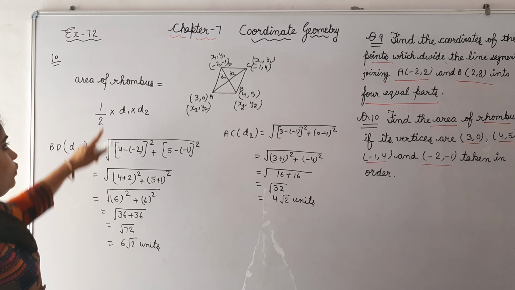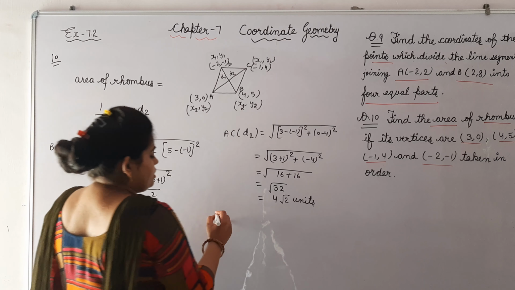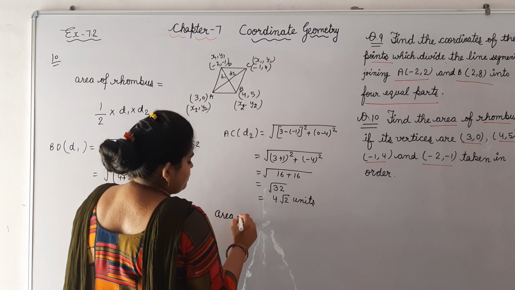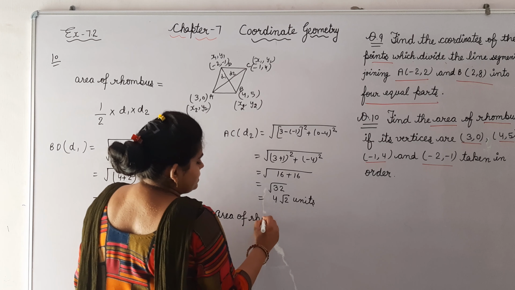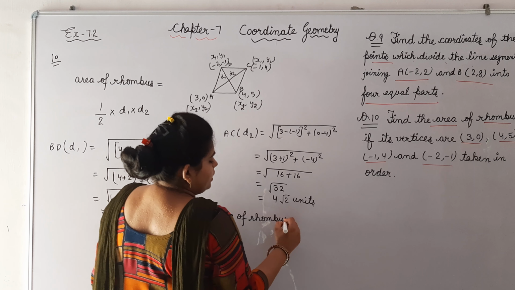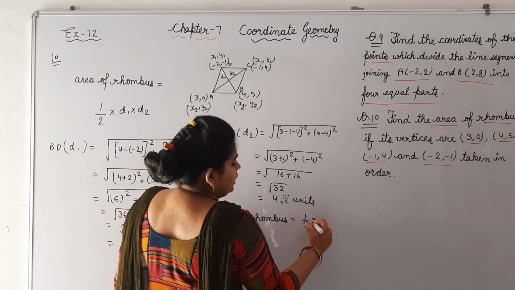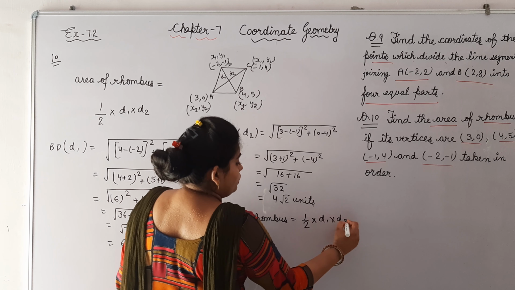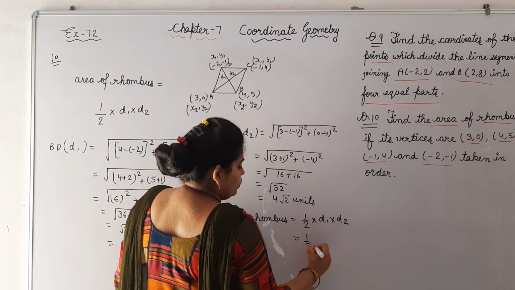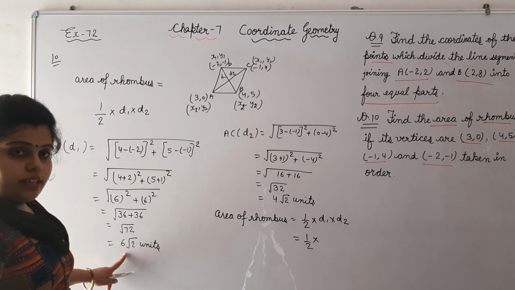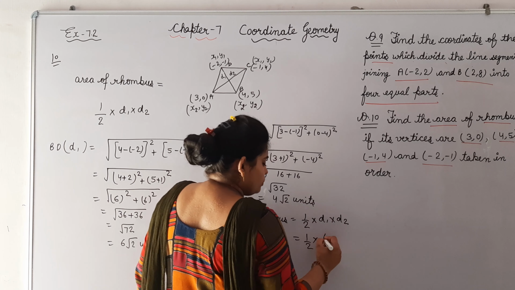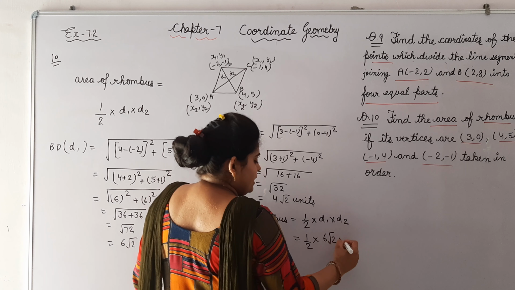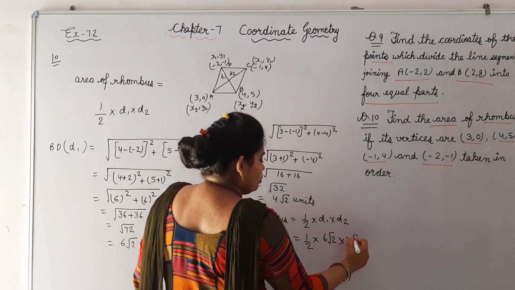Now what we have to find? Area of rhombus. It is equal to 1 by 2 into D1 into D2, then 1 by 2. What is the length of D1? 6 root 2. What is the length of D2? 4 root 2.